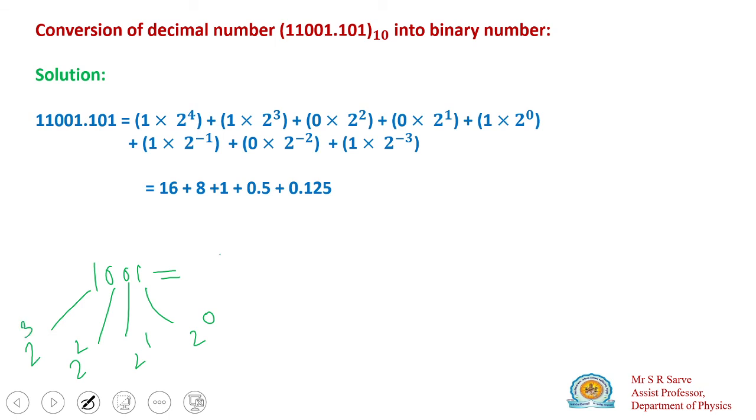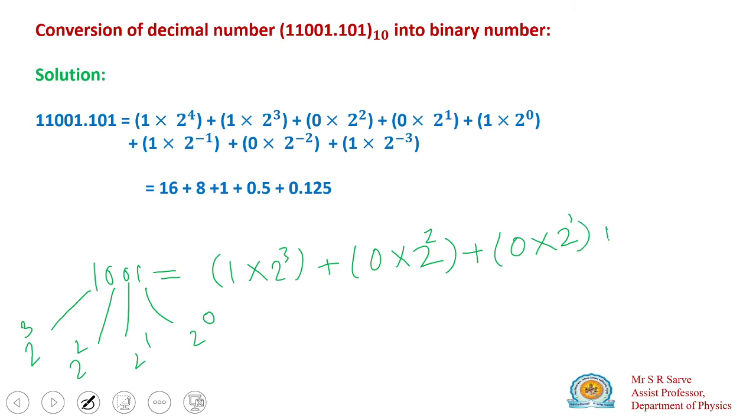So first we take 1 into 2 raised to the power 3 plus 0 into 2 raised to the power 2, then 0 into 2 raised to the power 1 plus 1 into 2 raised to the power 0.